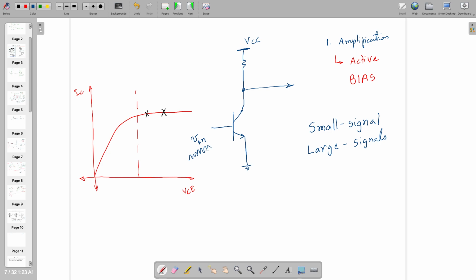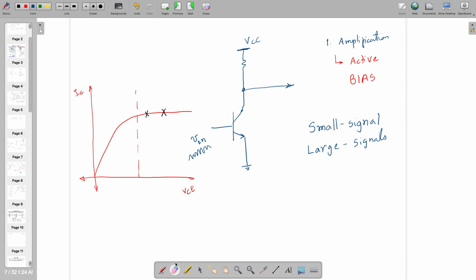So can this small signal guarantee to make this transistor in on mode or in active mode? At least 0.7 volt is needed, right? So this signal might be very small, which cannot solve your purpose.